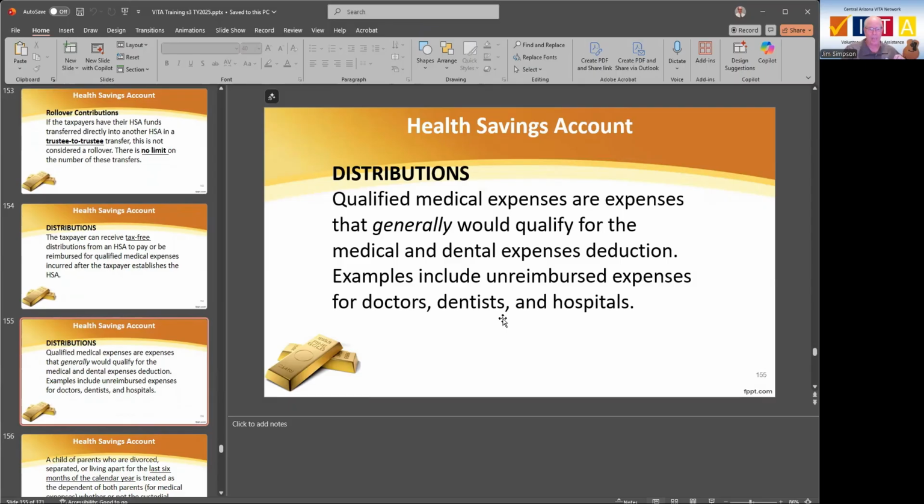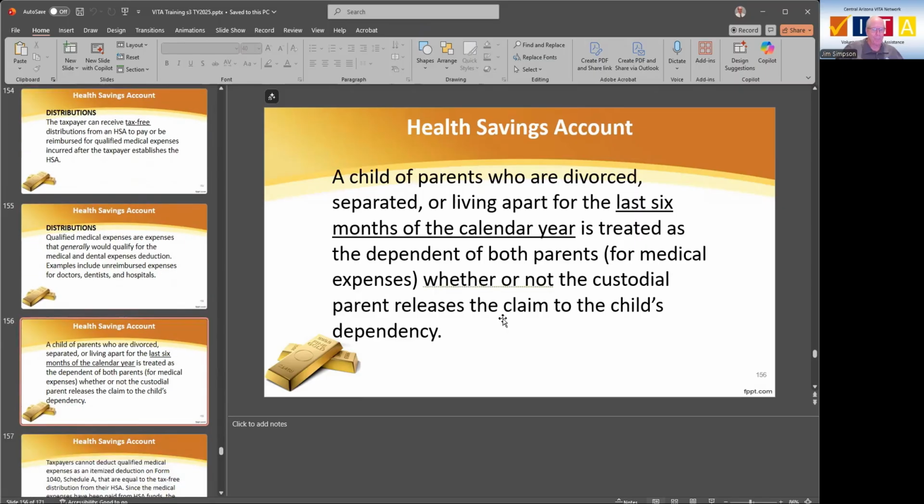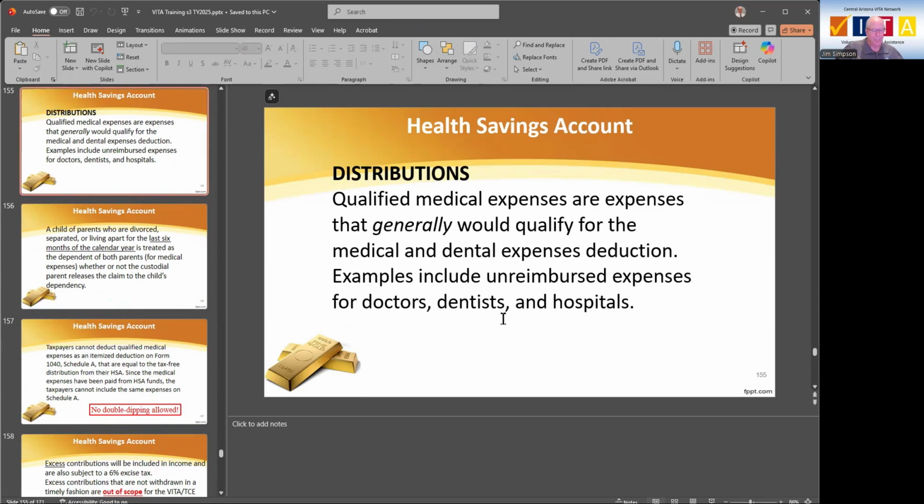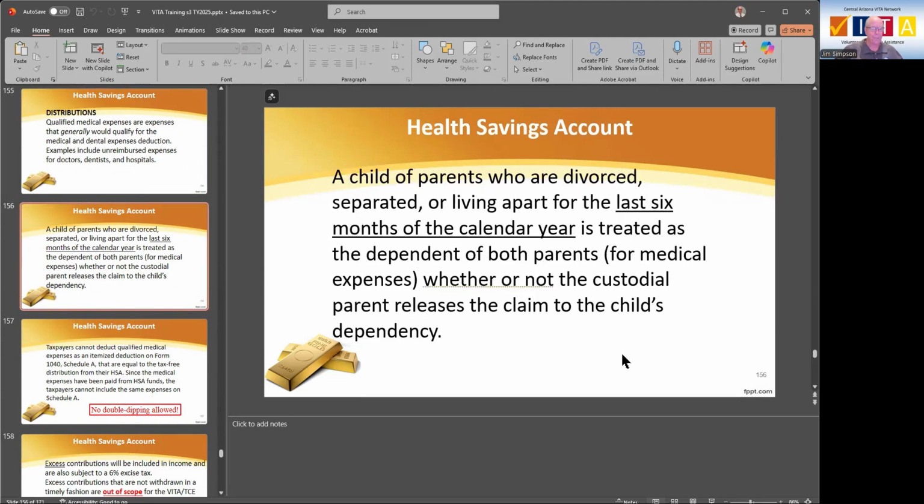We're going to talk about that. Those examples are unreimbursed expenses when you go to the doctor, a dentist, or a hospital, or buy prescriptions, or things like that. That's the general rule for it.